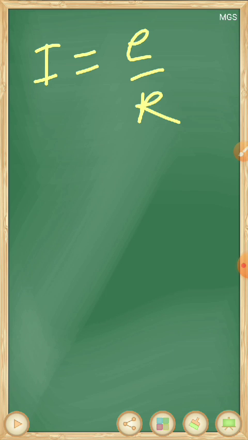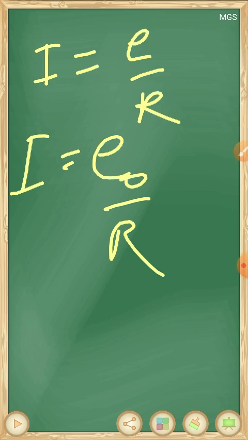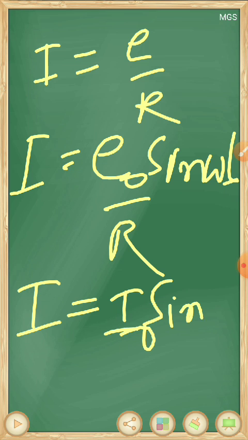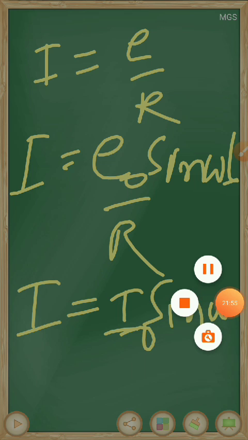So what type of current will it produce? I is equal to E by R. If R is the resistance of the coil, then I is equal to E naught by R into sin omega t. So I is equal to I naught sin omega t.